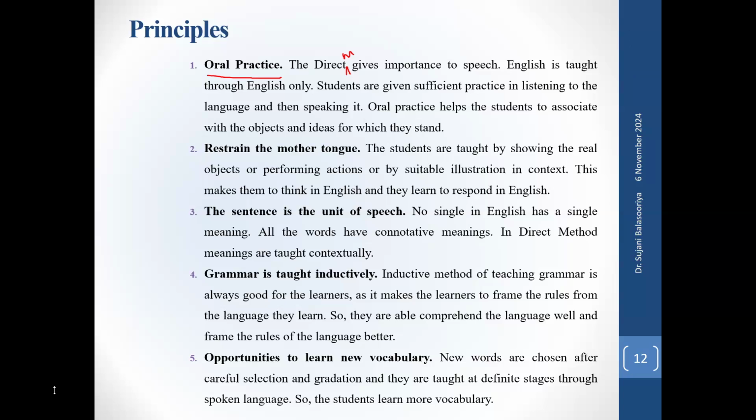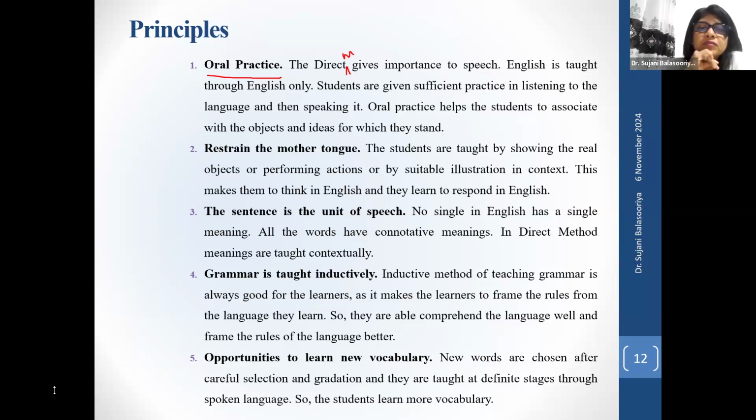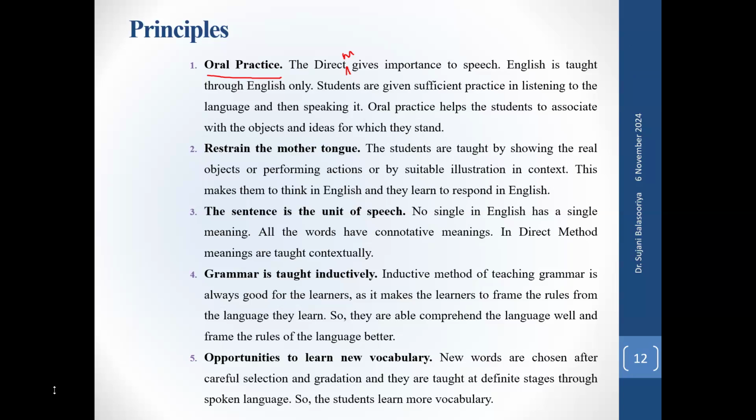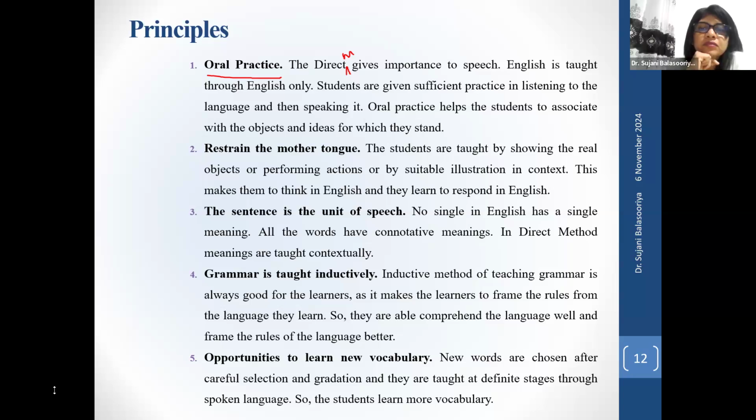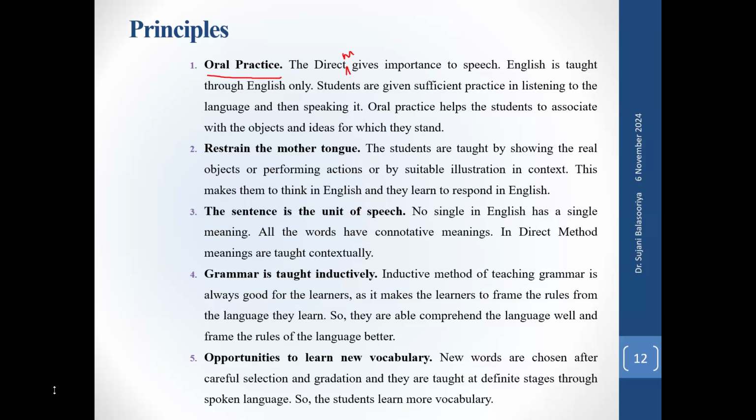The teacher will teach the English in English only without the mother tongue. So the student should catch what the teacher is telling, and the students also should talk on what the teacher is telling to them instead of using their mother tongue.